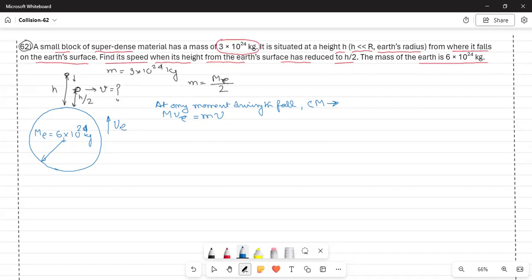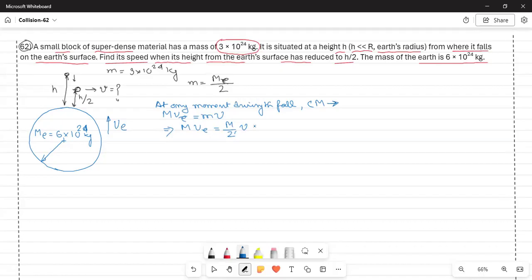As such, the Earth should not move when something falls on it. But here, the mass of the smaller body is half of the mass of the Earth. So it will create a movement. From mv, we can write capital M times velocity of the Earth equal to capital M by 2 into v.